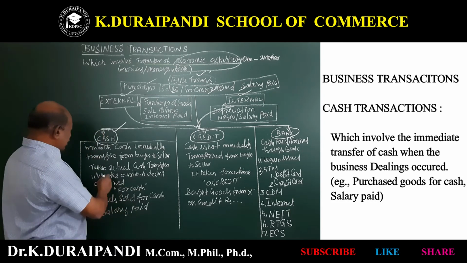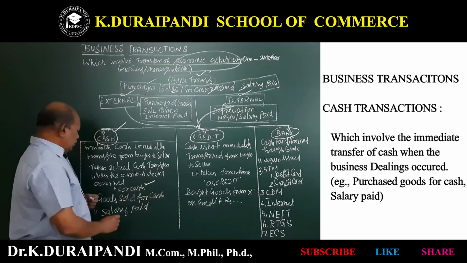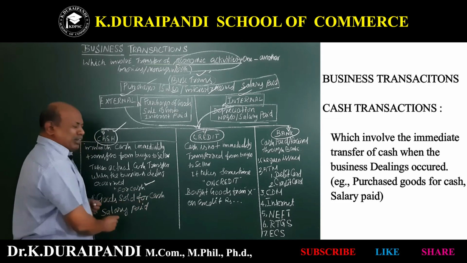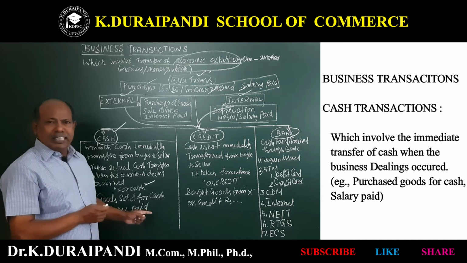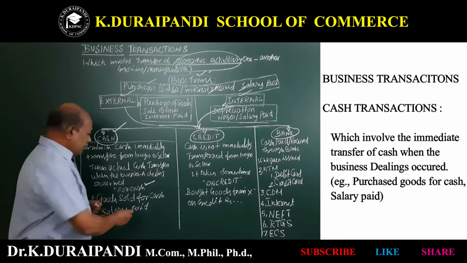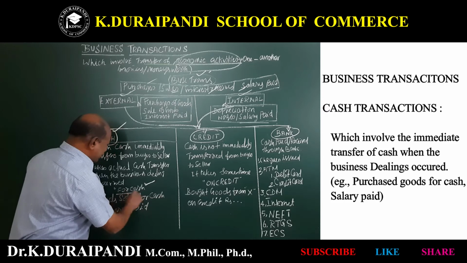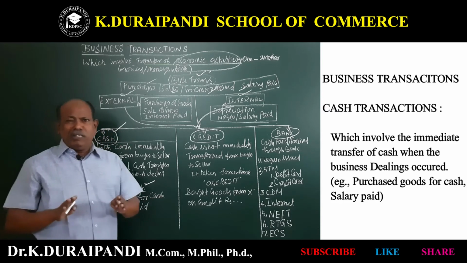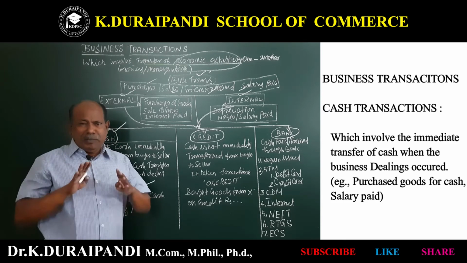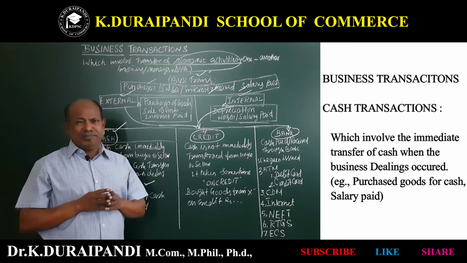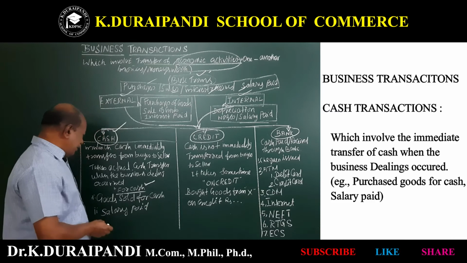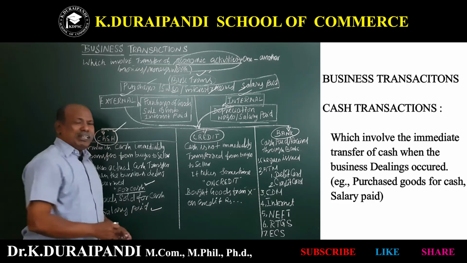Example: goods sold for cash. It is an example of a cash transaction. If the words "for cash" are found in any business transaction, it is a cash transaction. Then another example, salary paid.